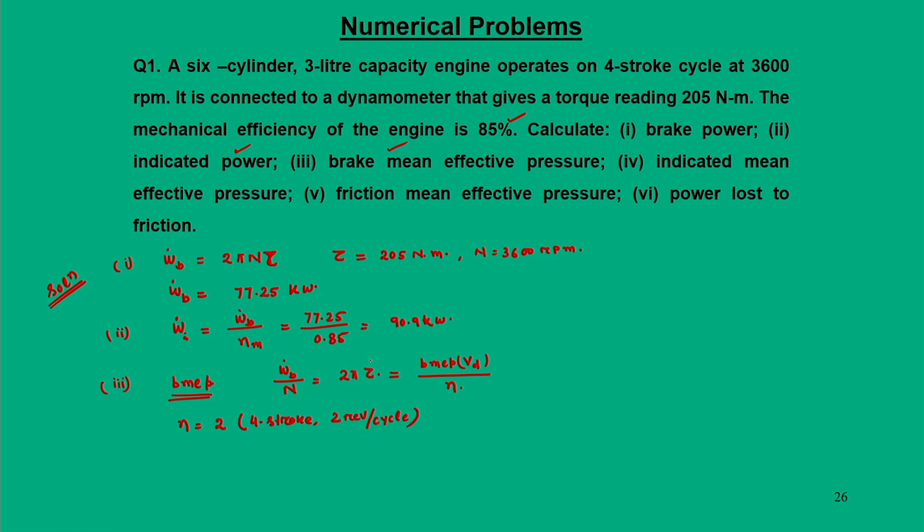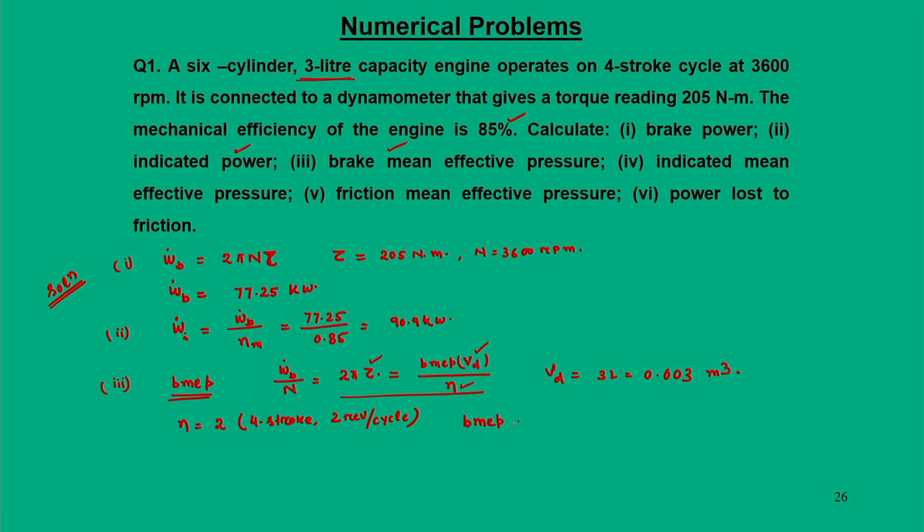We know tau and n, but we do not know VD. To calculate VD, we see that this is a 3 liter capacity engine, so VD is 3 liter, that is 0.003 meter cube.